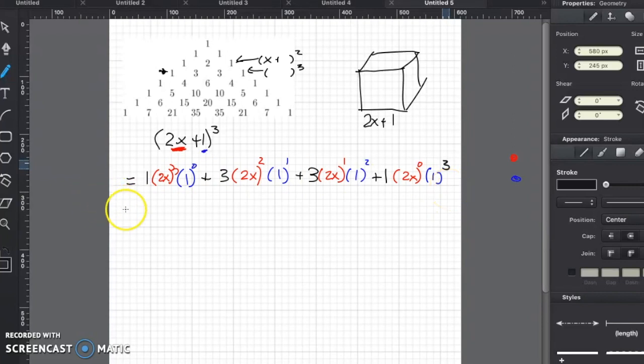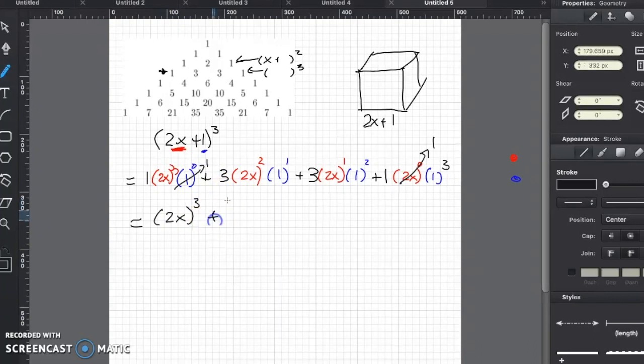Now I'm just going to simplify. I'm going to do it in black. Anything to the 0 power is going to give me 1, so this is a 1. This is a 0 power, so that goes to 1. And so I have 1 times 2x to the third. I'm just going to write that term like this so we don't get confused.